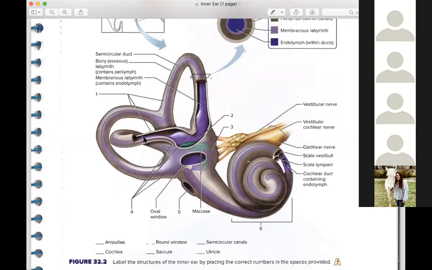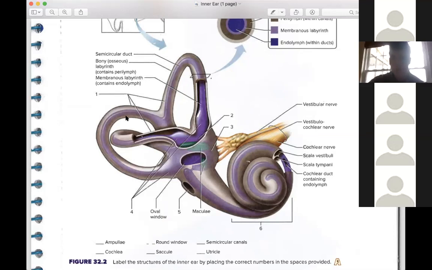These are the semicircular canals. All right. And then 2 and 3 here, right? 2 is going to be the utricle, and 3 is going to be the saccule. All right. And it's the utricle, the saccule, and the semicircular canals that are important for equilibrium and balance.